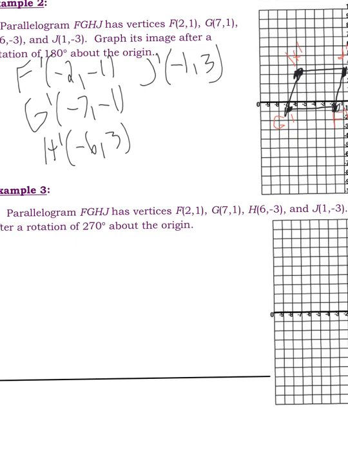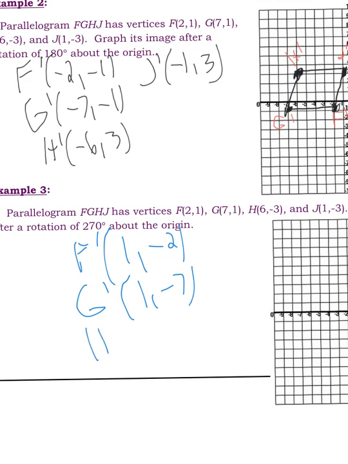So I'm going to write down f prime. I'm going to flip it. So that's going to be 1, 2, only the original x is now negative, so it's going to be 1, negative 2. Okay, so g prime, the original x is now negative, so 1, negative 7.